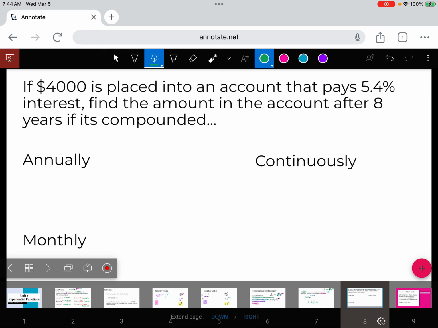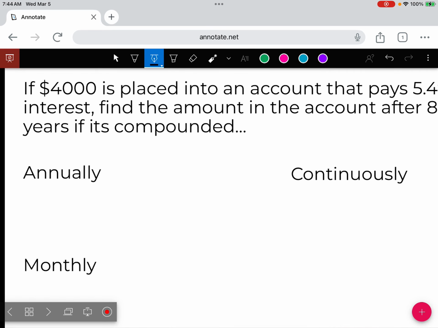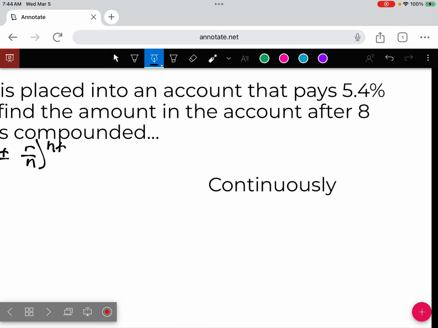So are we using both of our equations? We will need to use both equations on this. So for the left two, our annually and monthly, we'll use the P(1 plus r over n) to the nt. And for our continuously, that's when you use our Pert, Pe to the rt. So when we have continuous, that's when we use Pert.